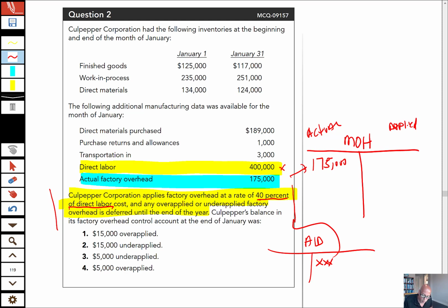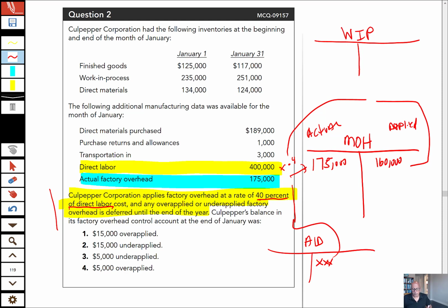Then the applied comes over here, and I don't need X's because I figured out the applied right here: the 400 times the 0.4. I think I made my mistake because I got greedy and wanted to show it right there next to it. The applied is right here, 160,000.